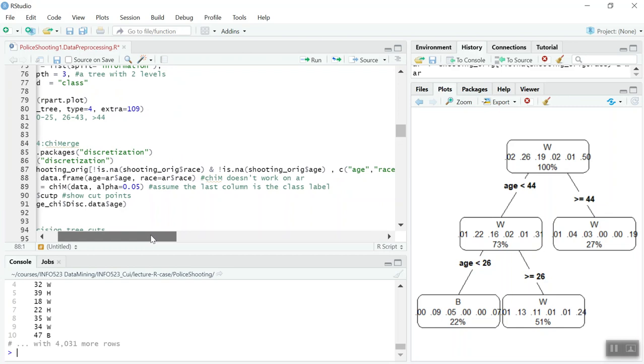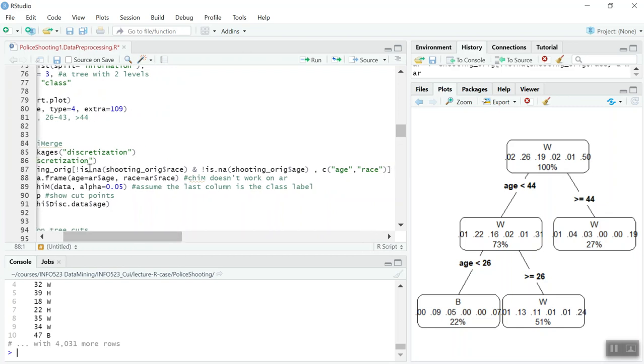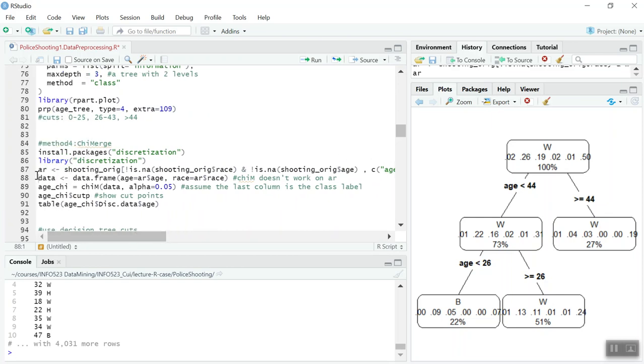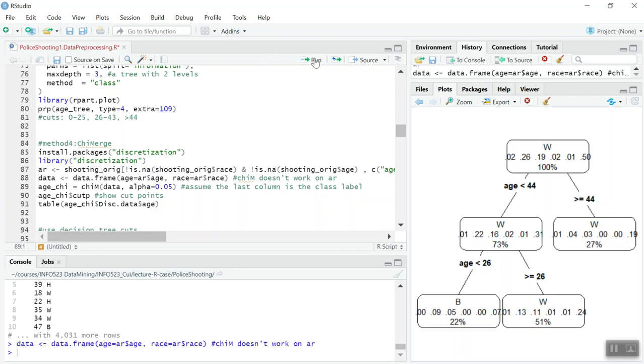For every row, it cannot have any missing values, and we pick out the columns age and race from this data frame. And with AR, we can create another data frame. I tried that, and chi-merge doesn't work directly on AR, so I have to wrap them again in the data frame. So I do that.